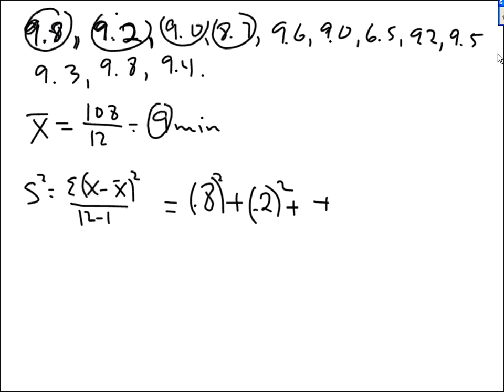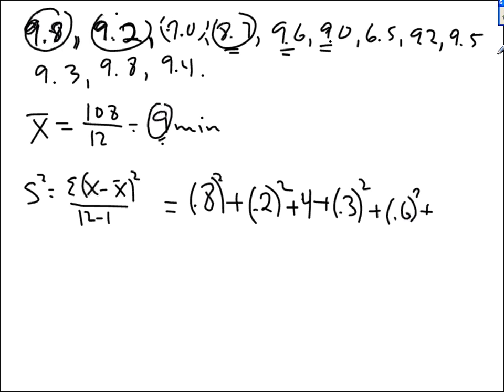Oh, this number is 7, not 9. This number here is 7. So when you subtract, you get negative 2, and when you square it, you get 4. This number minus 9 is negative 0.3. But when you square it, it doesn't matter if you write negative or positive. This minus 9 is 0.6. You square it.